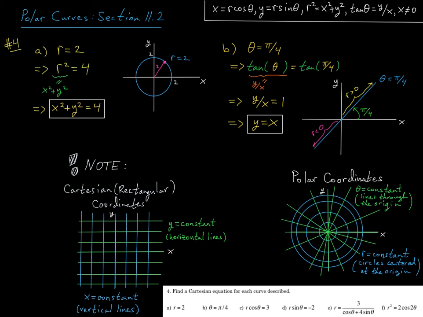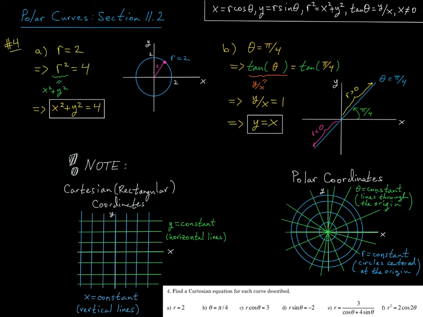Now in the polar system, if I set r to a constant like I did in part A, that's going to describe the set of all points that are that constant distance away from the origin. In other words, it's going to describe the circle centered at the origin. So if I let this constant vary, that's going to give me a family of concentric circles centered at the origin.